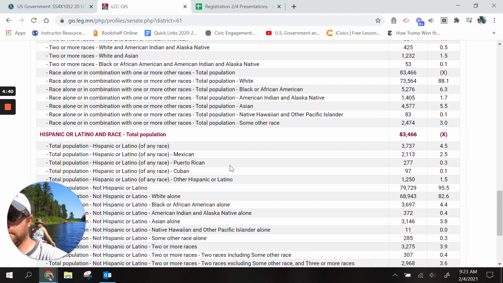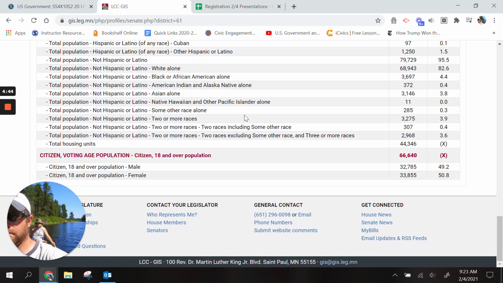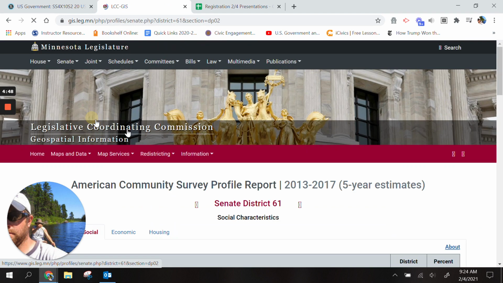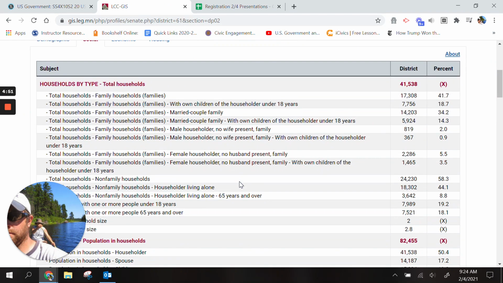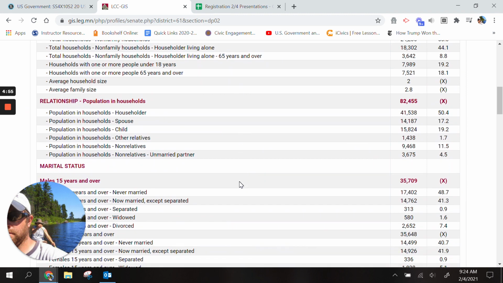There's race, there's Hispanic or Latino and race, citizen voting age by population, and that's just under that demographic tab. If I go to social, I find out information about household type, okay?